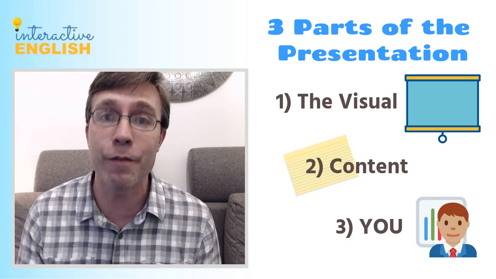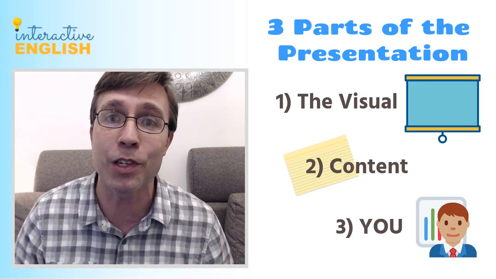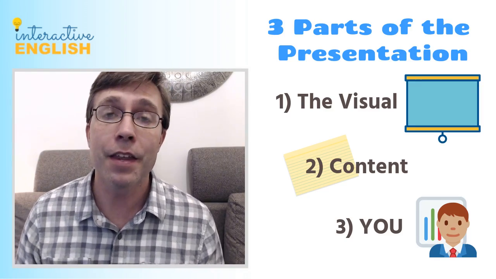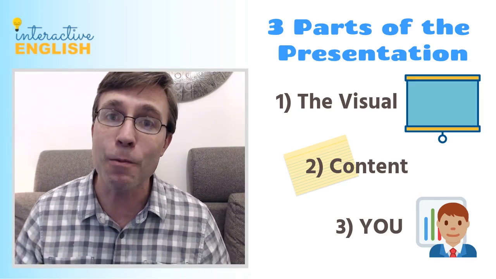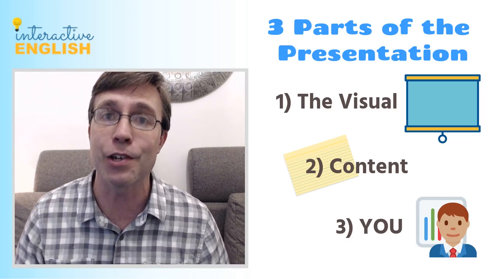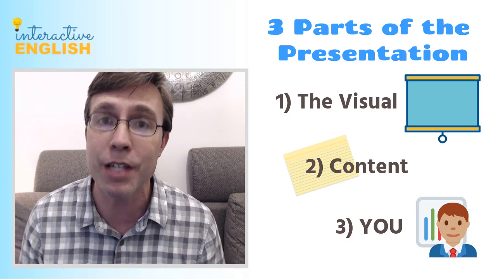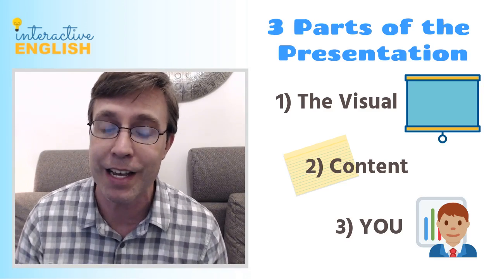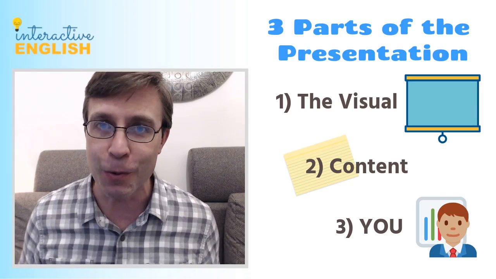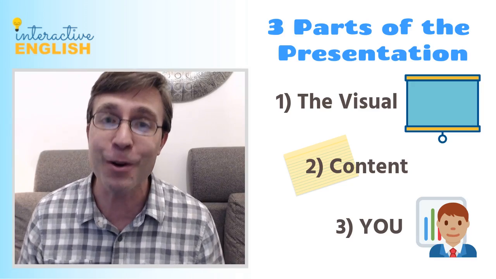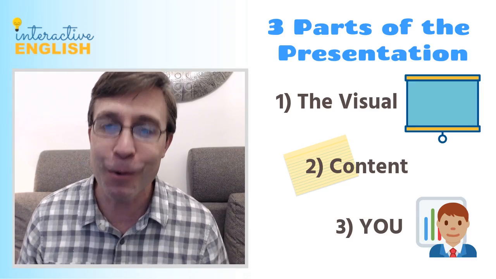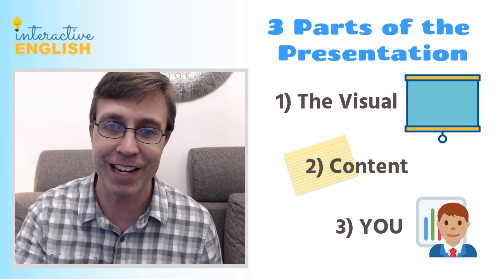That is also a visual. It's anything that somebody will see during your presentation. The next part of this lesson will be talking about the content. Exactly what is in your presentation? What are you saying? What are you telling people? What are you presenting? And the last part is going to be about you. While you're giving the presentation, what should you be doing in order to make it a great presentation, in order to make it an effective presentation?